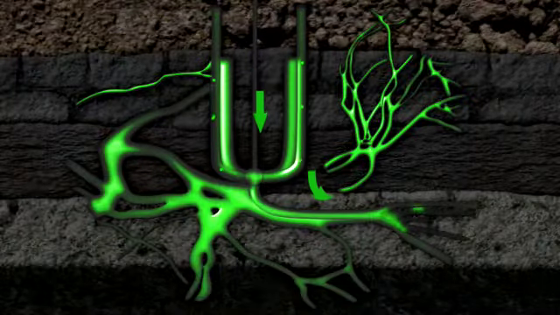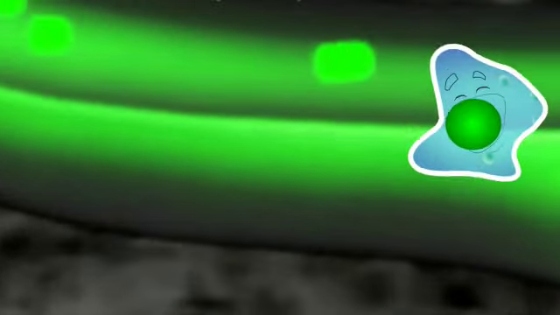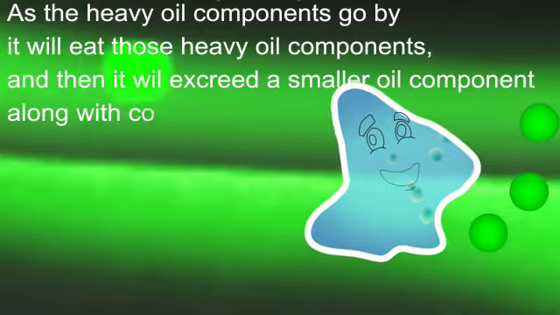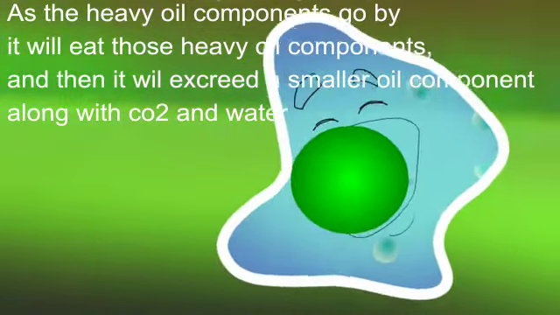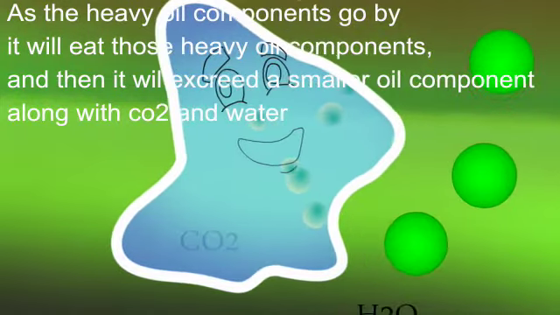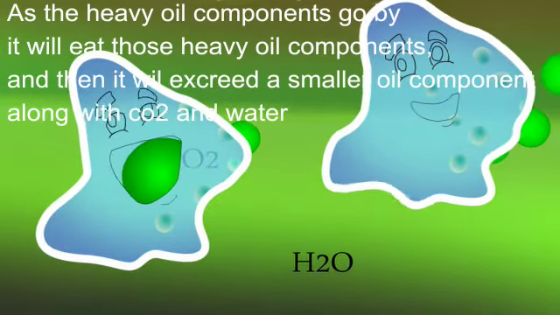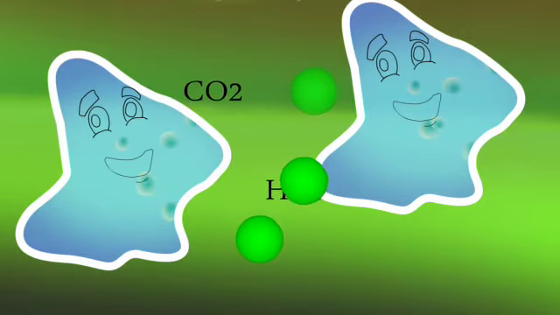We will inject it downhole following the salt reducer, and its function is to anchor itself to the sidewalls of the fissures. And as the heavy oil components go by, it will eat those heavy oil components, and then it will excrete a smaller oil component along with CO2 and water. This entire process is environmentally safe.